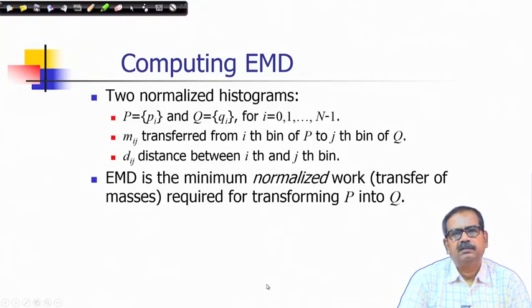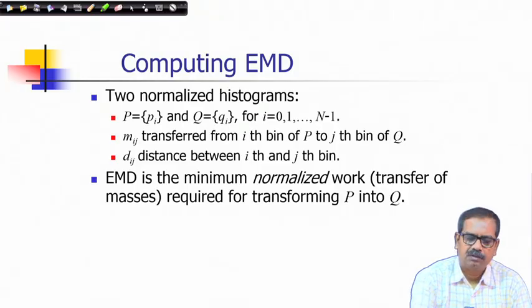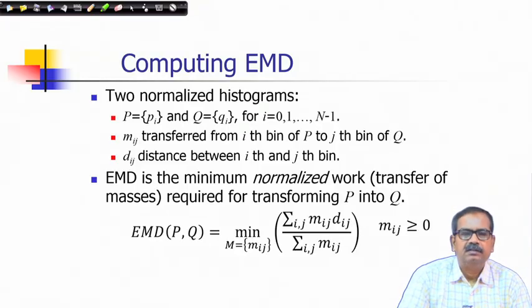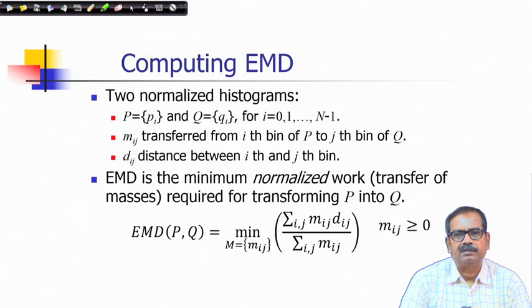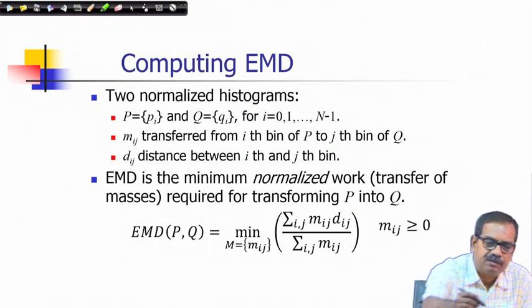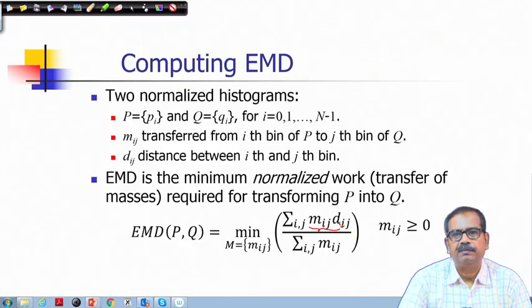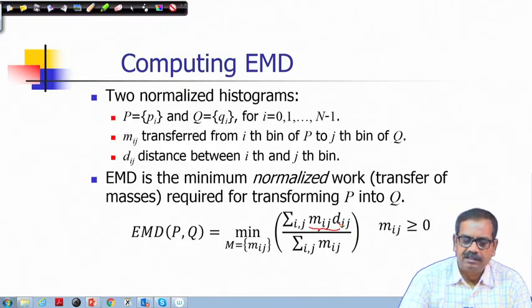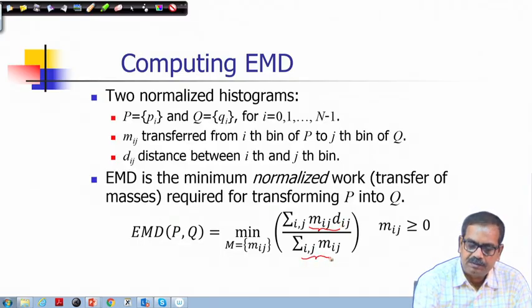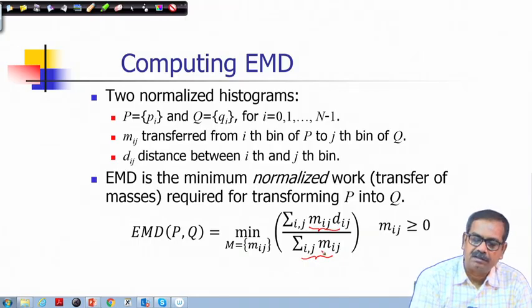So, the earth mover's distance is the minimum normalized work required for transforming P into Q, which means you are trying to compute this quantity. This is an optimization problem, where you have to minimize this particular quantity. As you can see, this is the cost of transfer of mass Mij from the ith bin to the jth bin, and this is the total mass that has been transferred, that is the normalization part of the work.